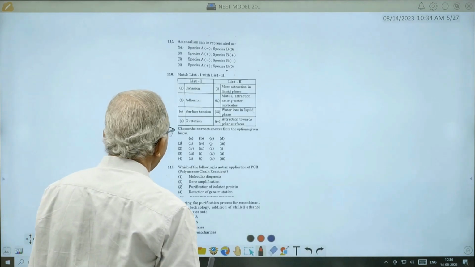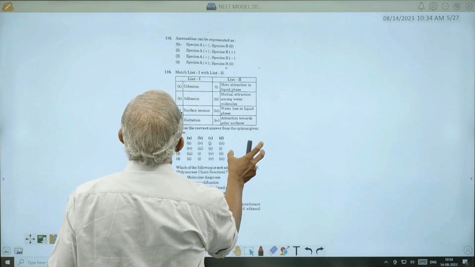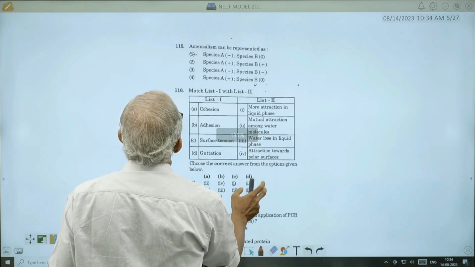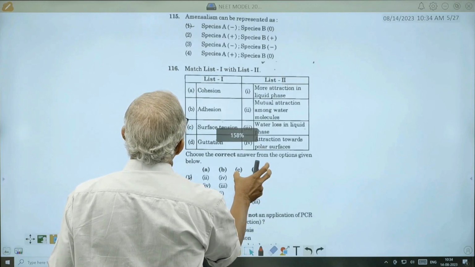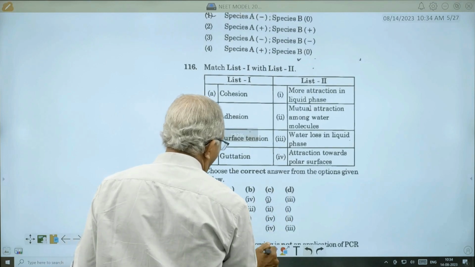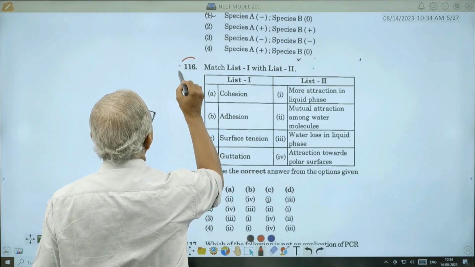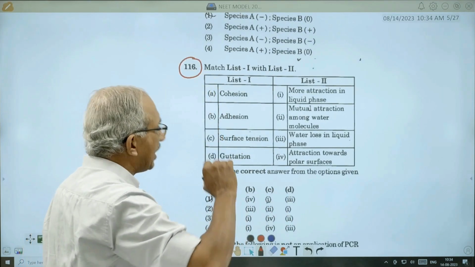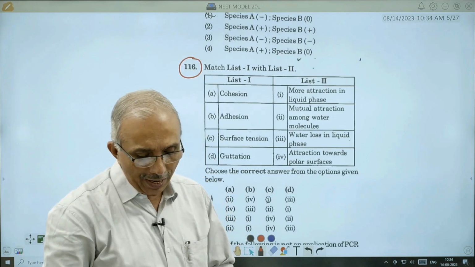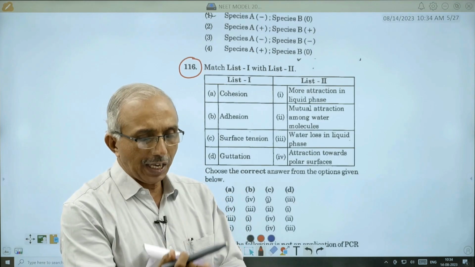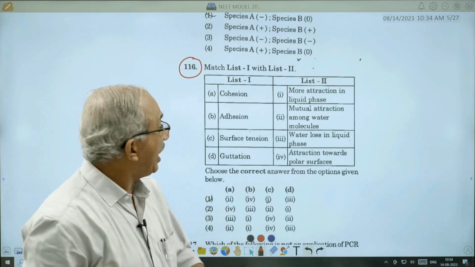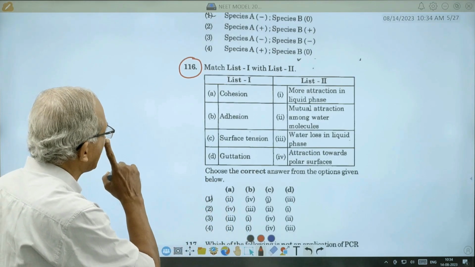Next question of botany is question number 116. It is a match the following. First is cohesion.